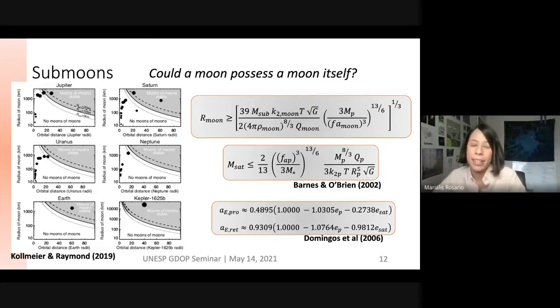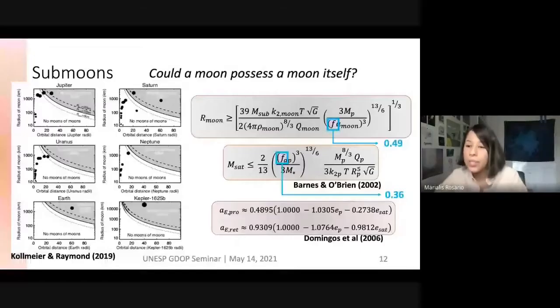More specifically, I also have to emphasize that for these fs, these fractions of the Hill radius, there are different values. For their work, they use an f of 0.49, so about 50% of the Hill radius, whereas Barnes and O'Brien, which they based their expression on, use 0.36.